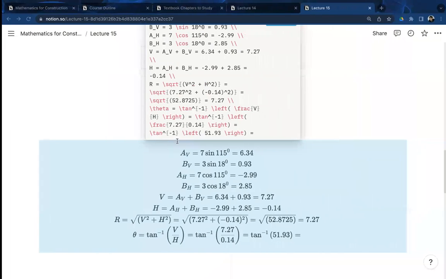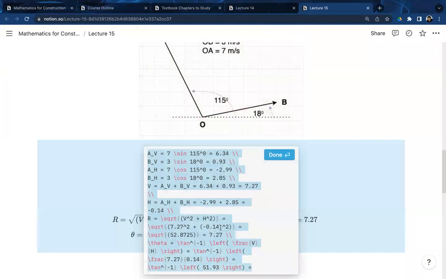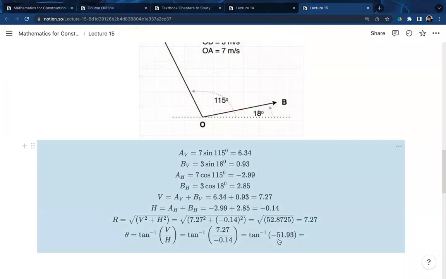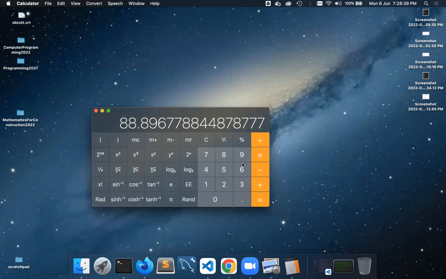Actually it is negative, because this is negative 0.14. Sorry. So this is negative here. So it's a negative quotient. Always remember that. So that's tan inverse of negative 51.93.